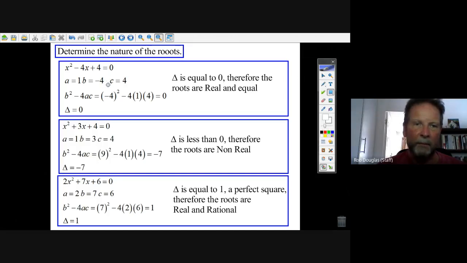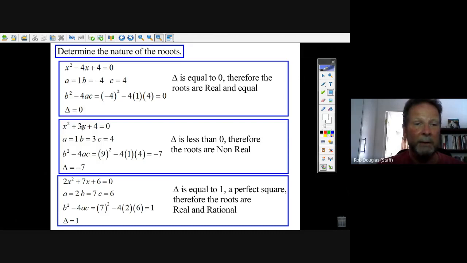And all we do is put it into b squared minus 4ac: minus 4 squared minus 4 times 1 times 4. We get 16 minus 16, we get 0. If delta is equal to 0, we say the roots are real and they're equal. There's actually only one answer, but the roots are real and equal.